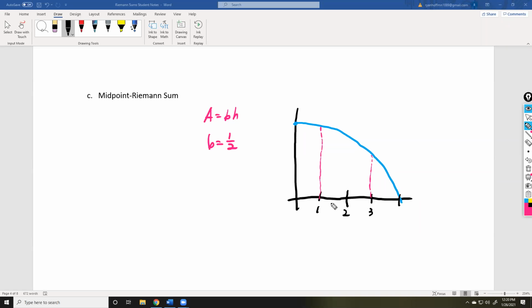But this time, when we look at what to make our height, we're going to need more than splitting in halves. And by the way, just like left was used for LRAM, R was used for RRAM and right endpoint, midpoint is going to be MRAM.